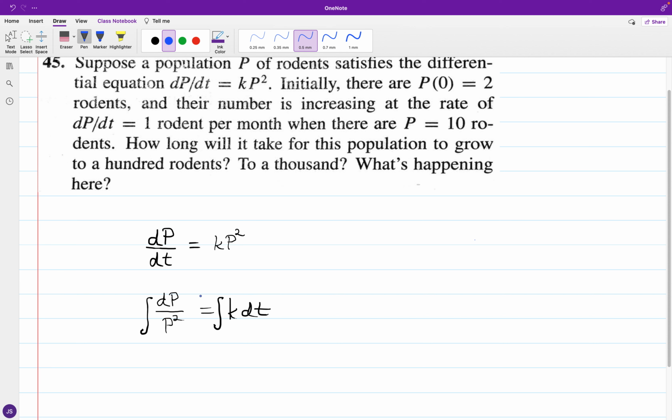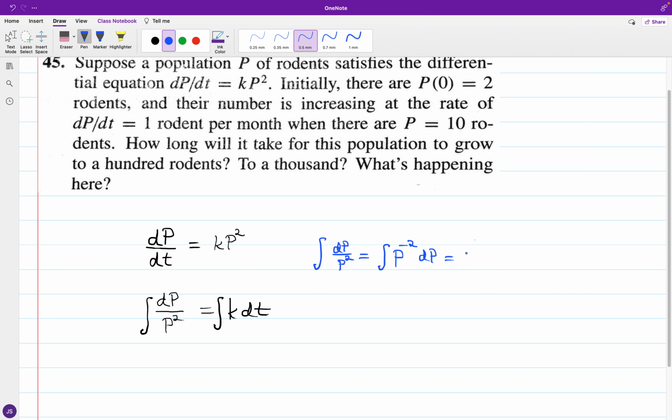Just going back, we have the reciprocal P squared dP. If I had the reciprocal of P, the antiderivative would be a natural logarithm, but here I have the reciprocal of P squared. Rewriting in exponential terms, the reciprocal of P squared is P to the negative 2.